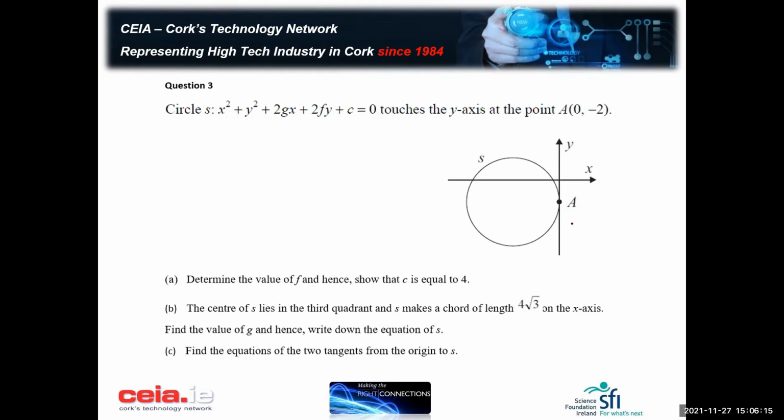And we'll actually use that later, okay? The value of the x and y coordinate at A, i.e. 0 and -2, if you sub into this equation it must hold.